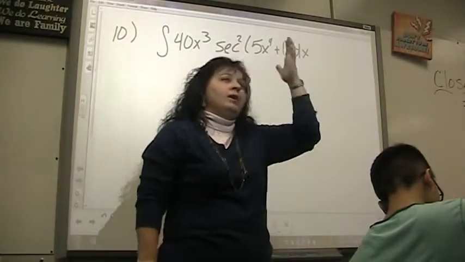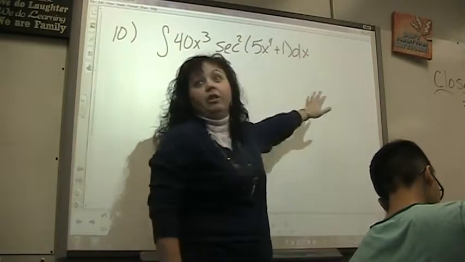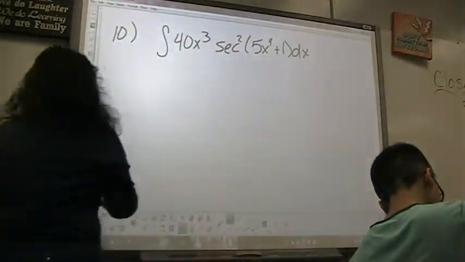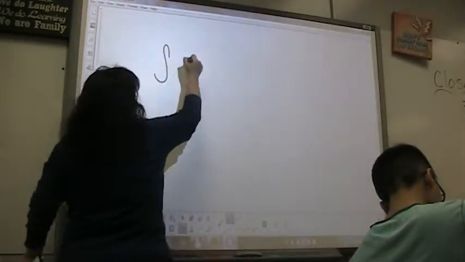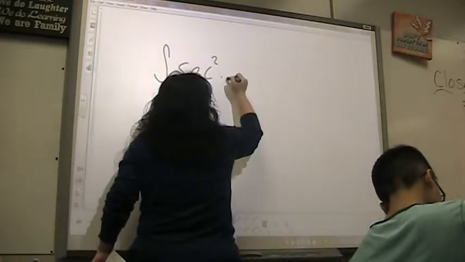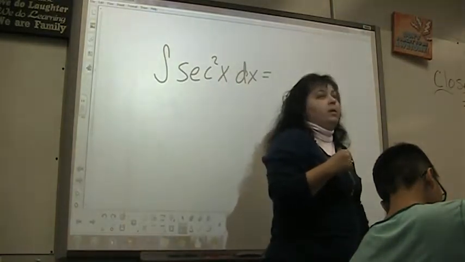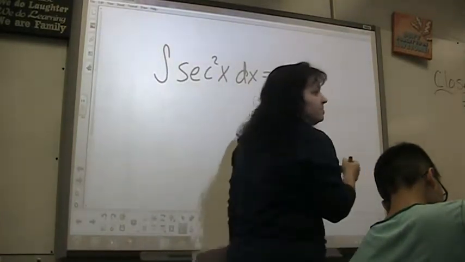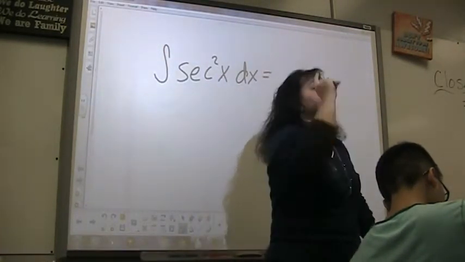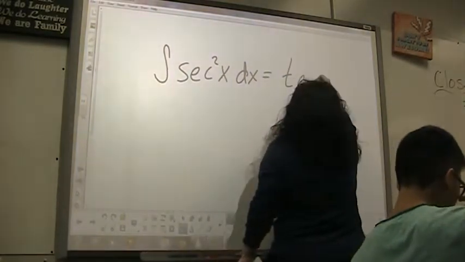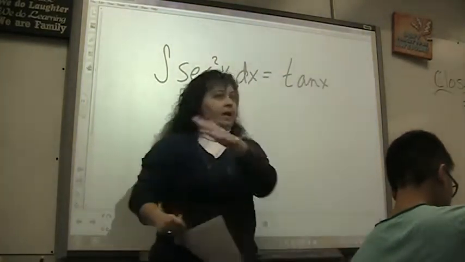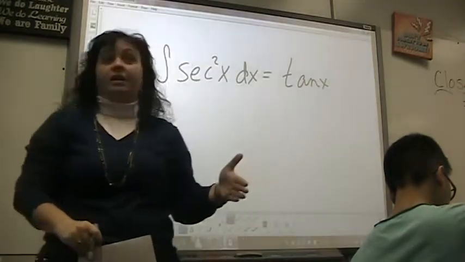Again, reinvention. At this point, it looks ugly, right? Let's stop and look at the bones of this. What's the antiderivative of secant squared? Tangent. Right? The antiderivative of secant squared is tangent.